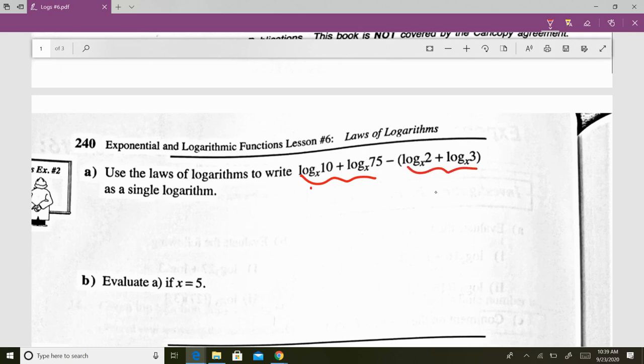So this can become, what's 10 times 75? 750. Log base x is 750 minus 2 times 3 is 6. Log base x of 6. We are dividing, or we're subtracting, so we are dividing. 750 divided by 6 is 125.